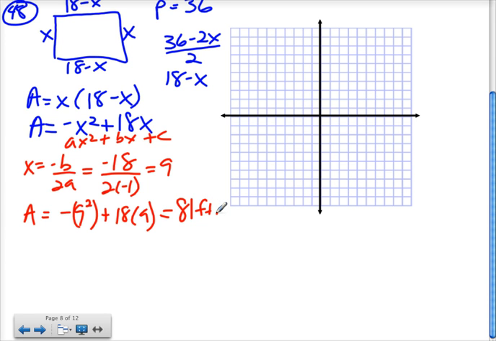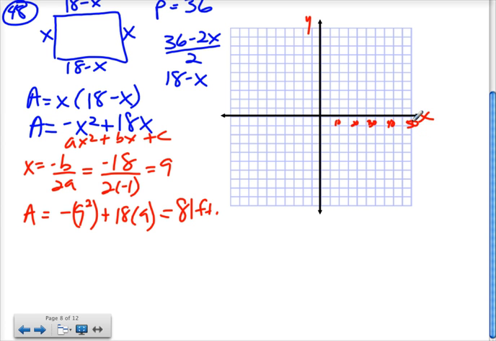And I'll try and use my little Cartesian coordinate plane here since I wanted to graph this, but really I should probably just focus on the first quadrant since this is a word problem here. You can't have a negative length for a side. So we're going to put 9 and 81 on there. So I think what I will do is go by units of 5 for each one of these.